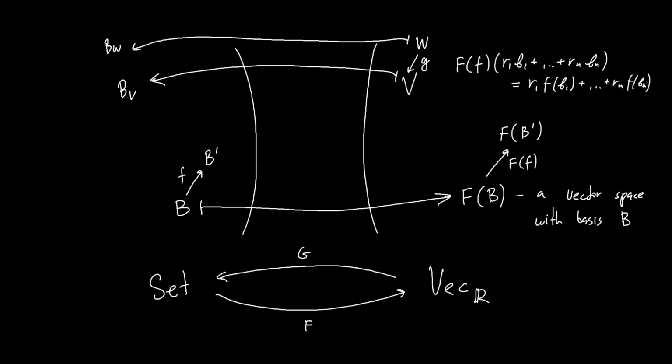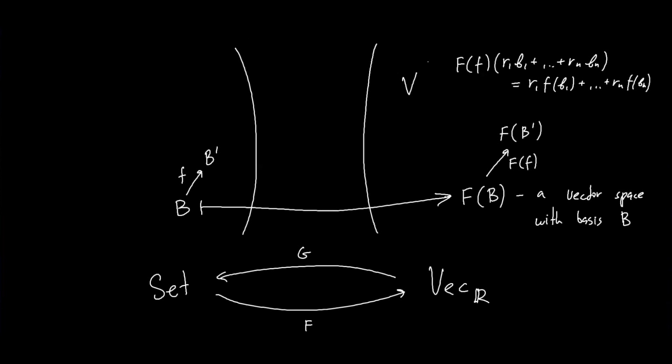So considering the basis of V does not give me a functor. Too bad, then we have to stick to the other option, where we simply assign to a vector space its underlying set of all vectors, not just the basis vectors. So that will be our functor G.